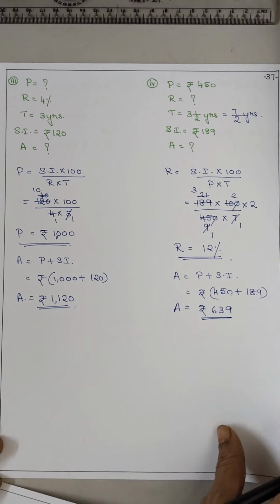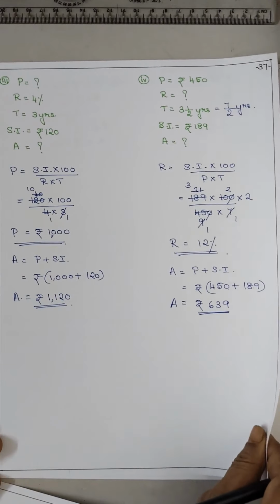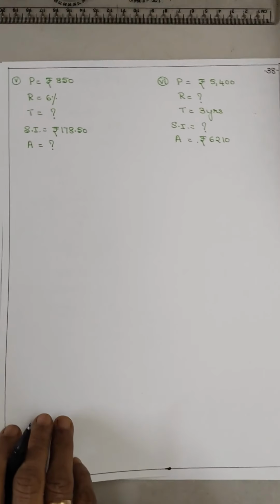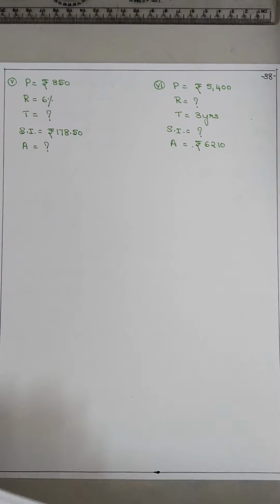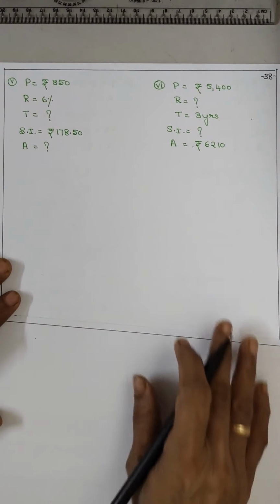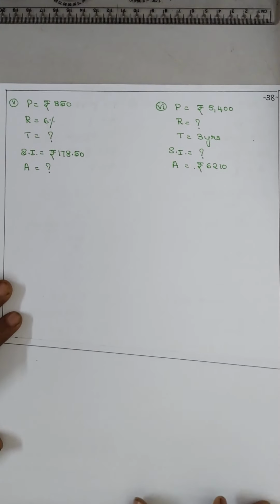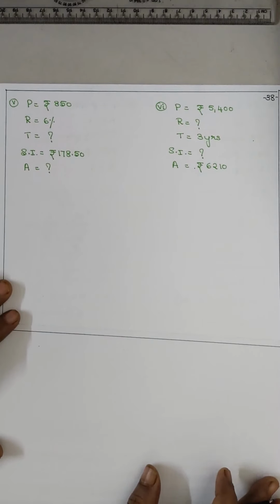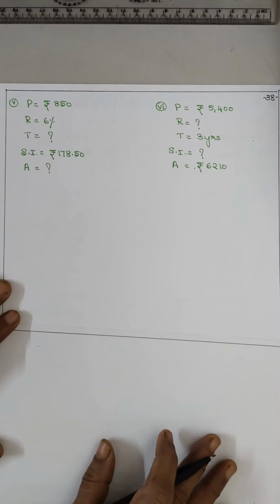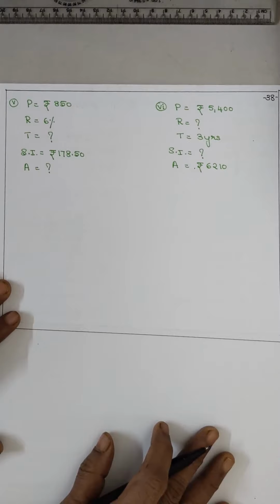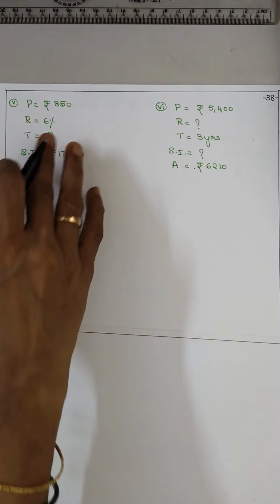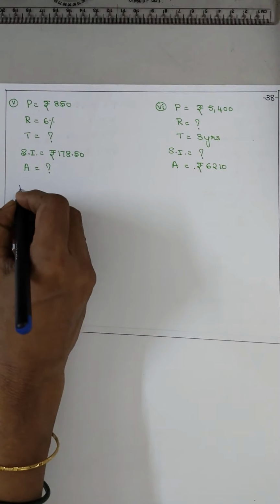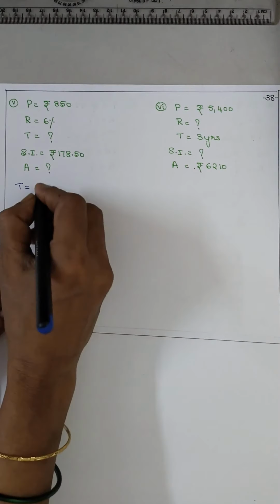Now coming to the fifth one. What all are given? Principal is given, R is given, T is asked, SI is given and amount is asked. So first T. For T, what is the formula?